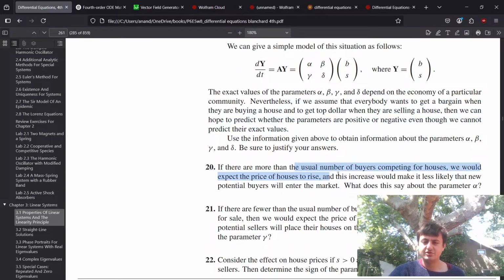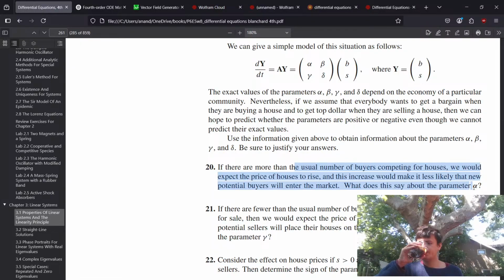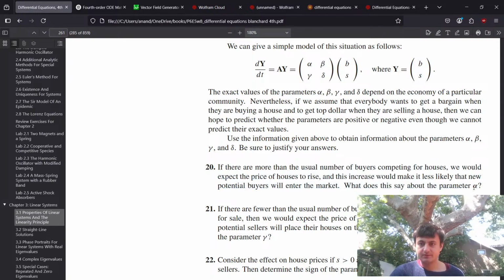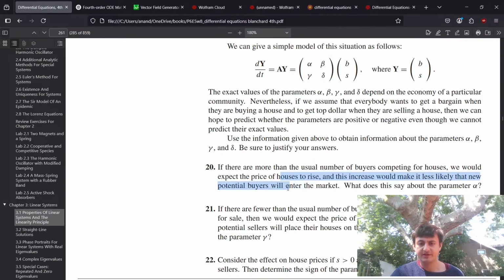If there are more than the usual number of buyers competing for houses, we would expect the price of houses to rise, and this increase would make it less likely that new potential buyers enter. What does this say about alpha?